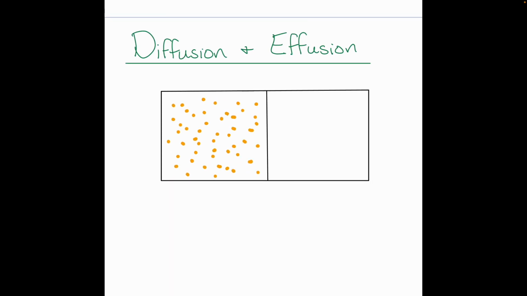All right, so now let's think about this. We're going to take our little fancy box here, and we're going to remove that partition between those two sides.